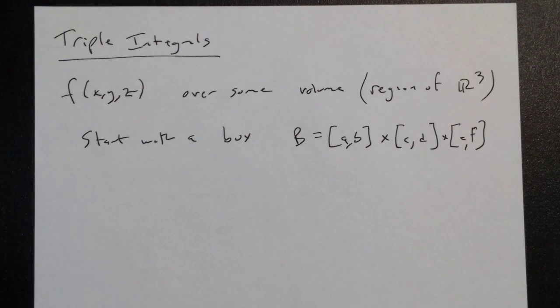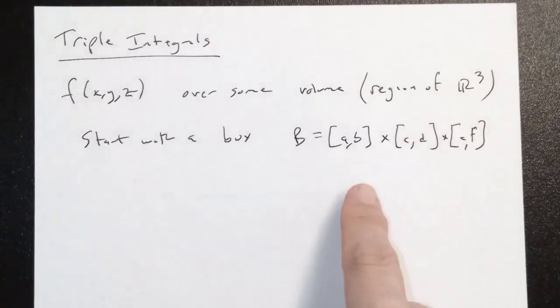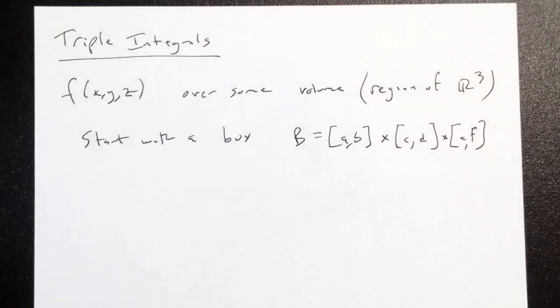This is going to be in the X direction, the Y direction, the Z direction, respectively. And then I'll do the same thing I did with the rectangle. I divided the rectangle up into little boxes and called them dA.